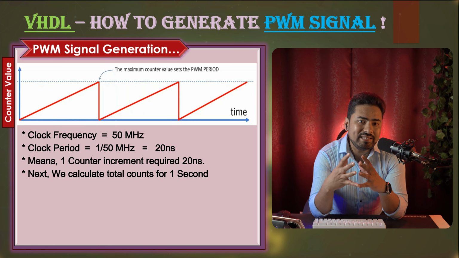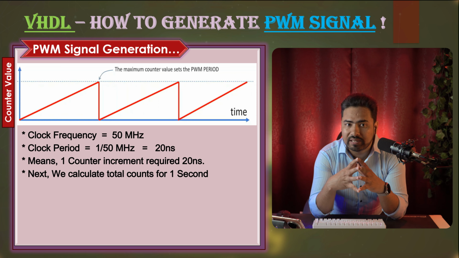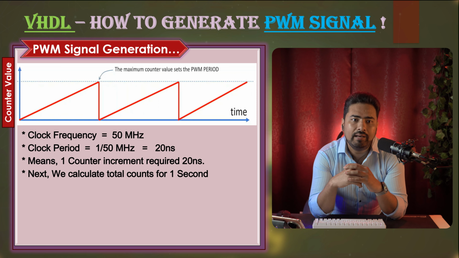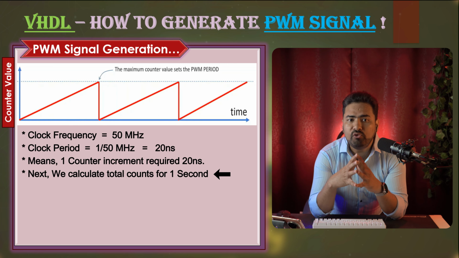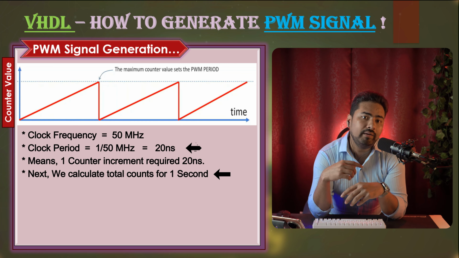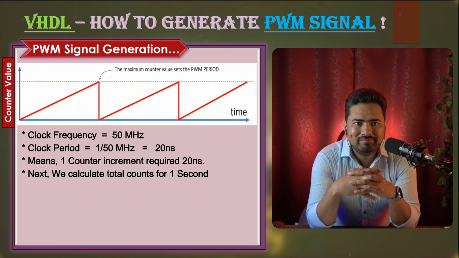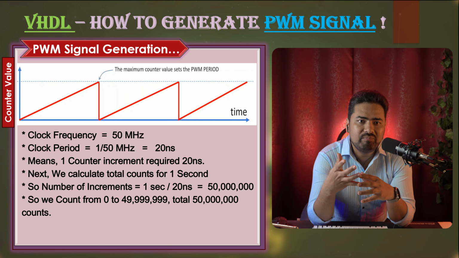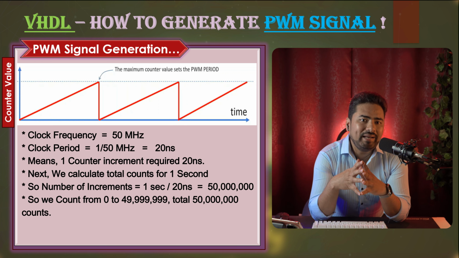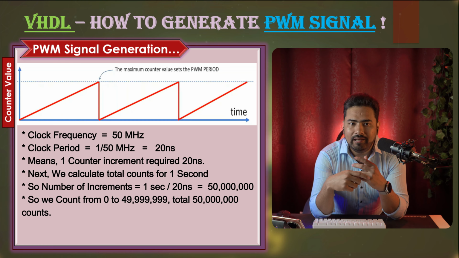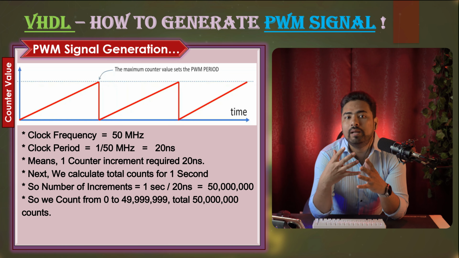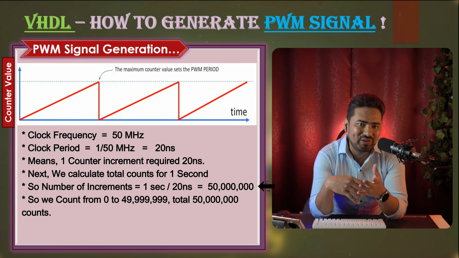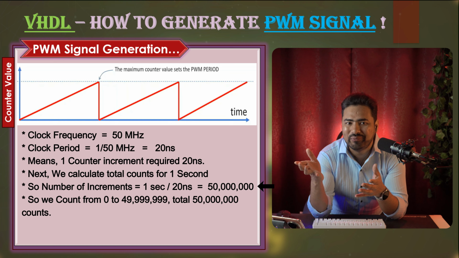Now, if we want a 1 second period for our PWM signal, which we are generating, then the question is how many counts we need if we are increasing our counter at every 20 nanoseconds. So it is simple math again. We calculate 20 nanoseconds for one clock cycle of 50 megahertz and we want a 1 second PWM signal. So divide 1 second by 20 nanoseconds.